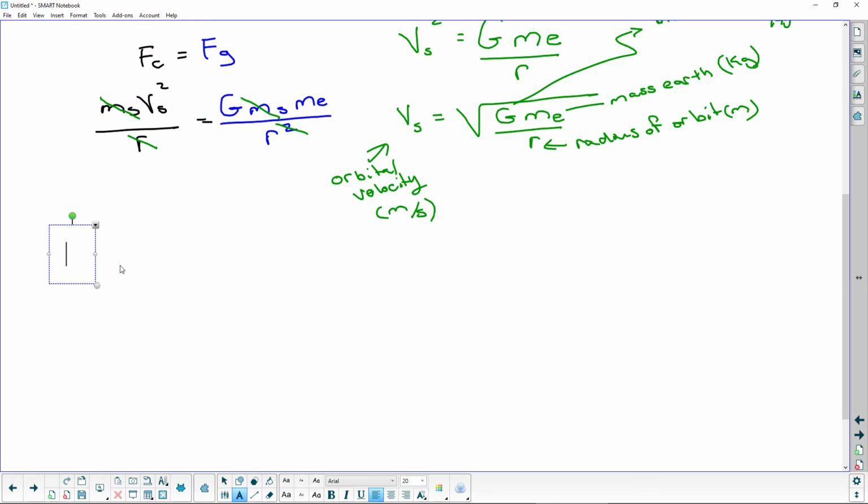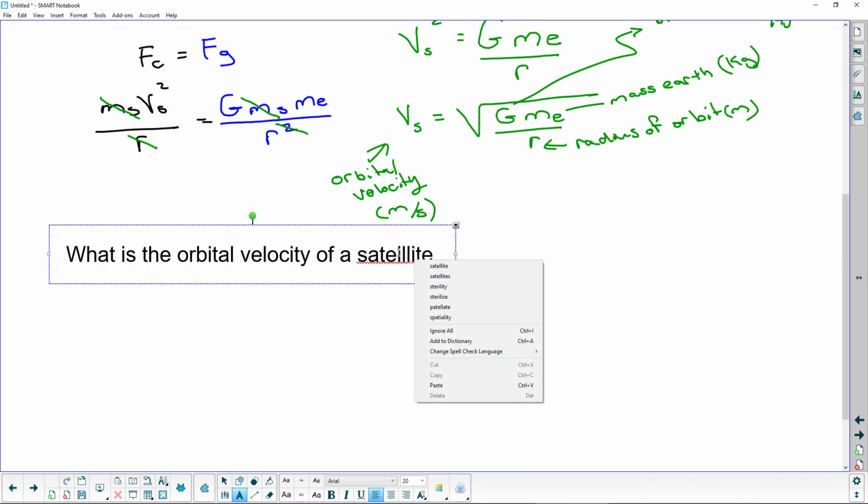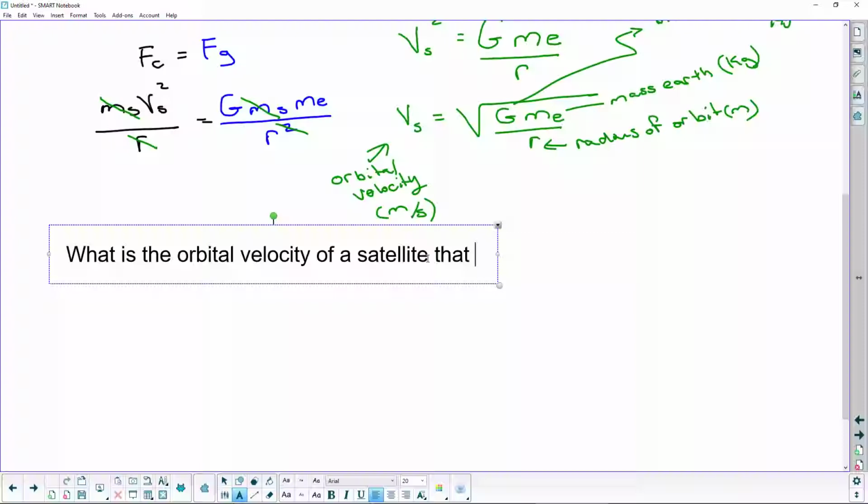Okay, so let's ask a simple question: what is the orbital velocity of a satellite that is 220 kilometers above the Earth's surface?